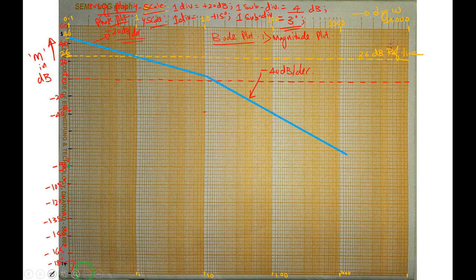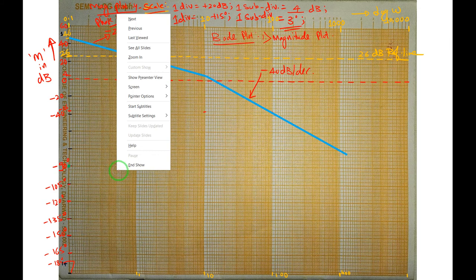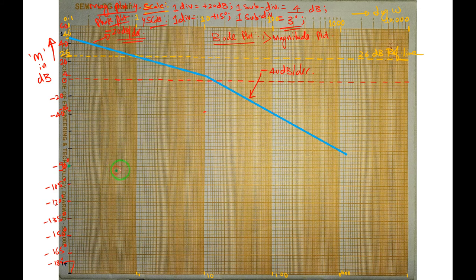I hope you are getting 0.1, 0.2, 0.3, right? From 0.5 I am coming down here like this. Here it is minus 90. If I come to the subdivision, minus 93. I hope you are getting. This is minus 93. Here it is minus 90, and one subdivision is 3 degree. So minus 93 is here. I have marked minus 93 here.